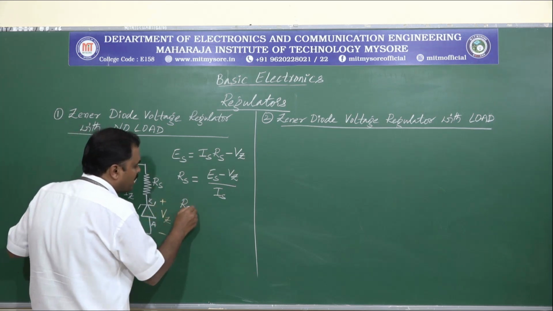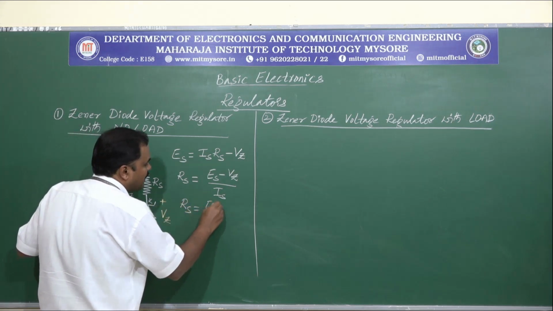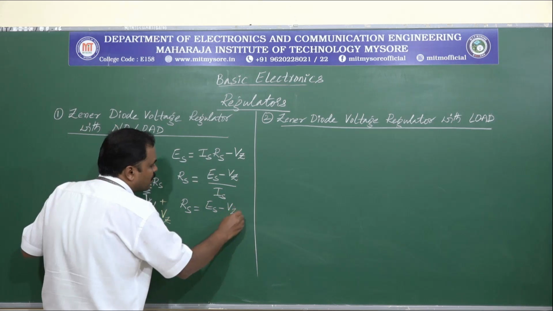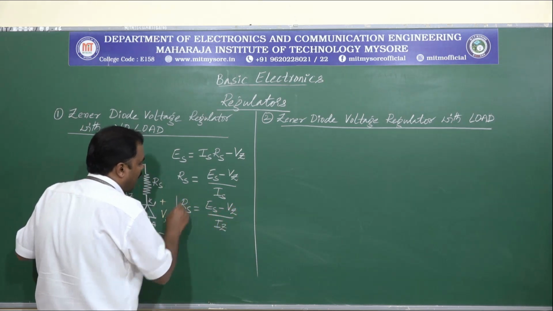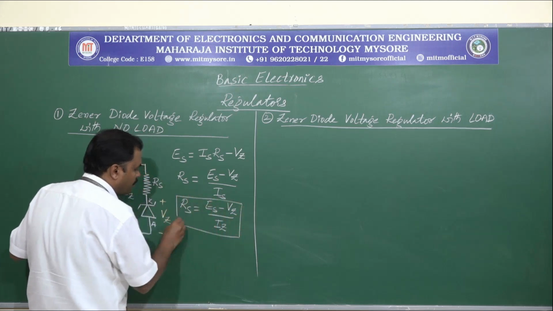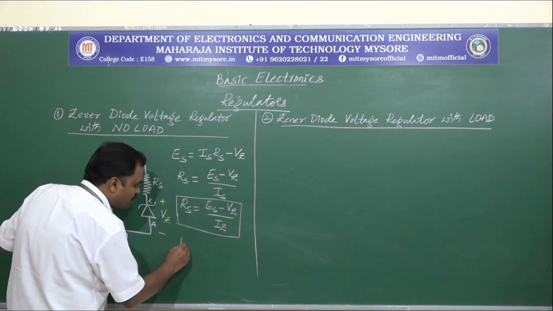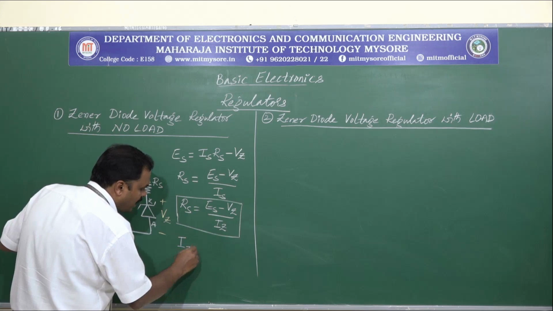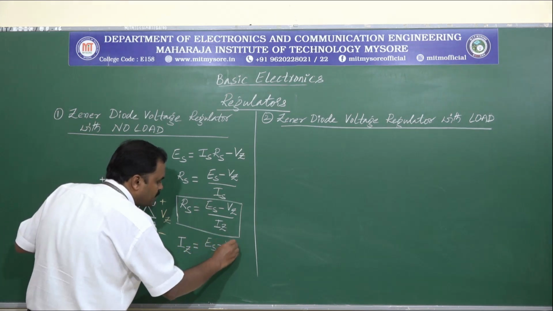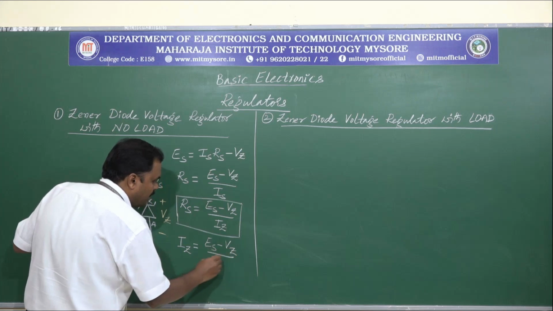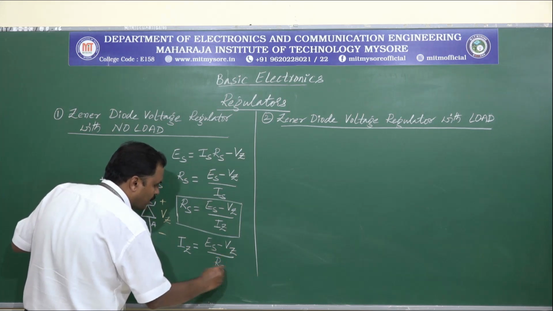So this equation can also be written as Es minus Vz divided by Iz. Or this equation can also be written as Iz is equal to Es minus Vz divided by Rs.